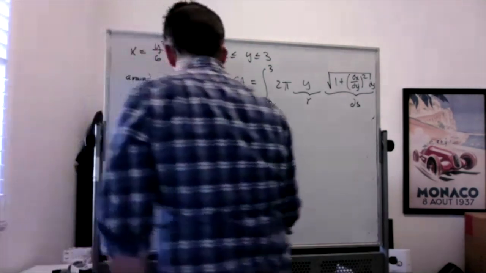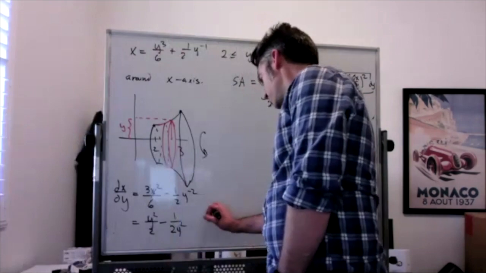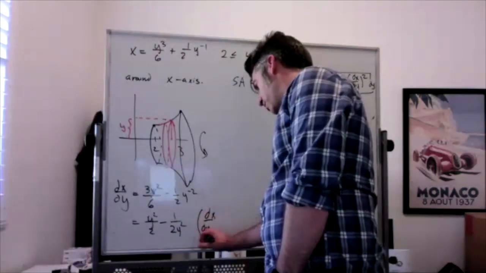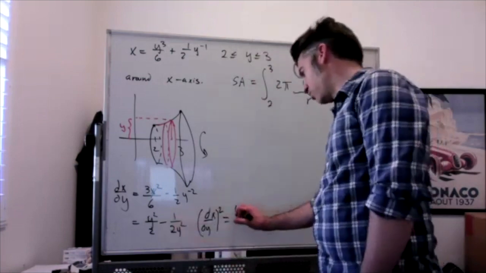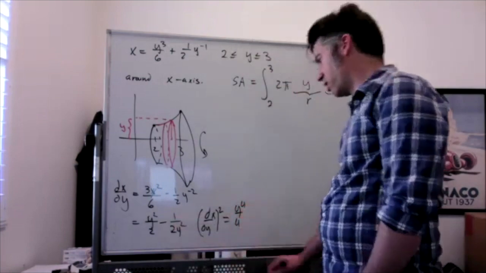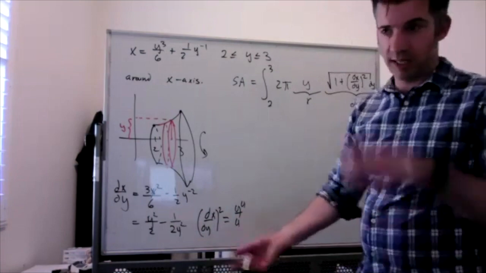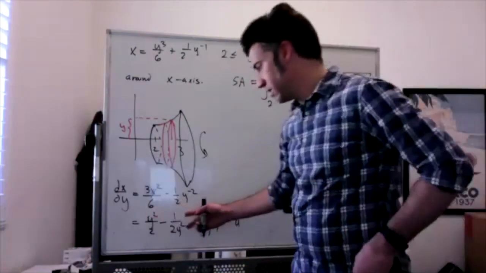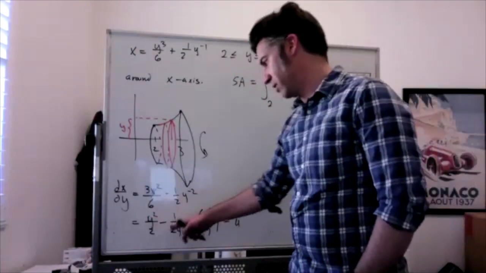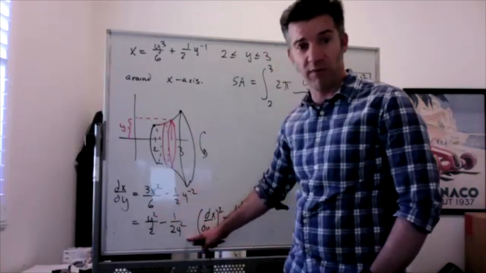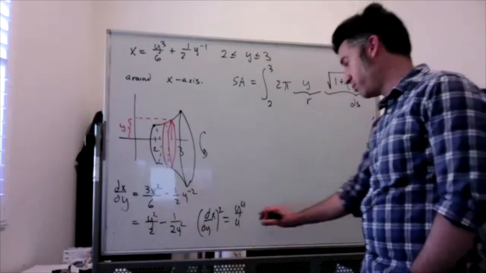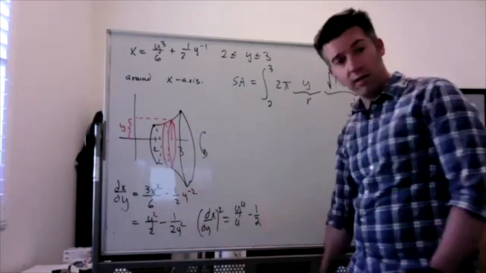When we square that, (dx/dy) squared is going to be the first thing squared, which is y to the 4th over 4, plus 2 times the first times the second. So y squared over 2 times negative 1 over 2y squared, the y squared cancels, it's going to be negative 1/4. And then 2 times that is, big surprise, negative 1/2.